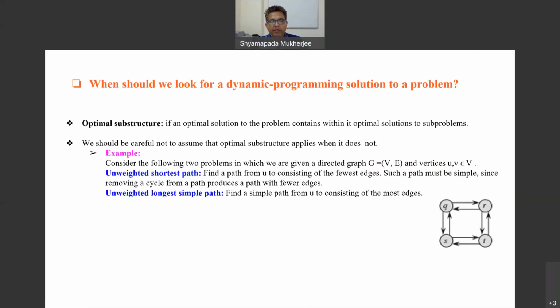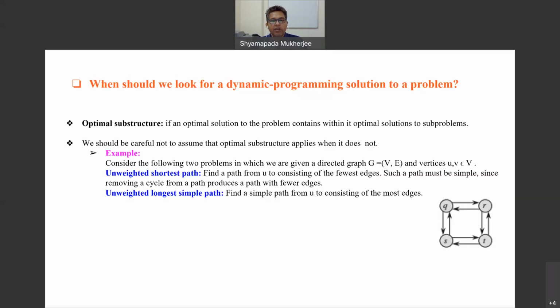In optimal substructure property, the basic idea is that an optimal solution to a problem contains optimal solutions to the subproblems. That means we will find the optimal solutions for subproblems, and then using those optimal solutions, we can construct an optimal solution to the original problem. So that is called optimal substructure property.